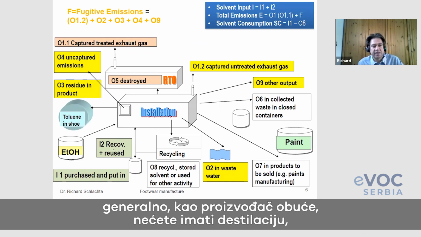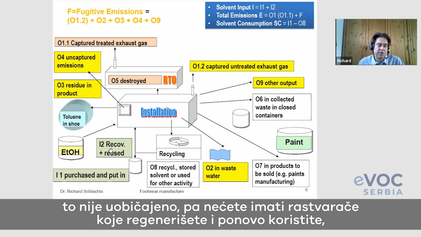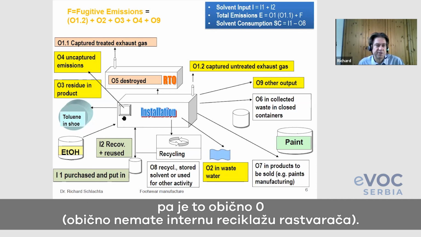Generally, for footwear manufacturing, it's not so common to use a distillation unit. So normally you will not have recovered and reused solvent in your installation. I would have some serious doubt if you would have. So I would say generally that is zero. So normally you don't have an internal recycling.